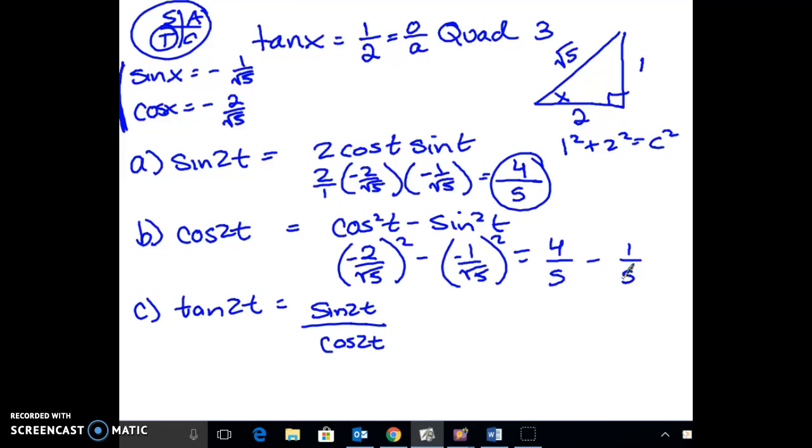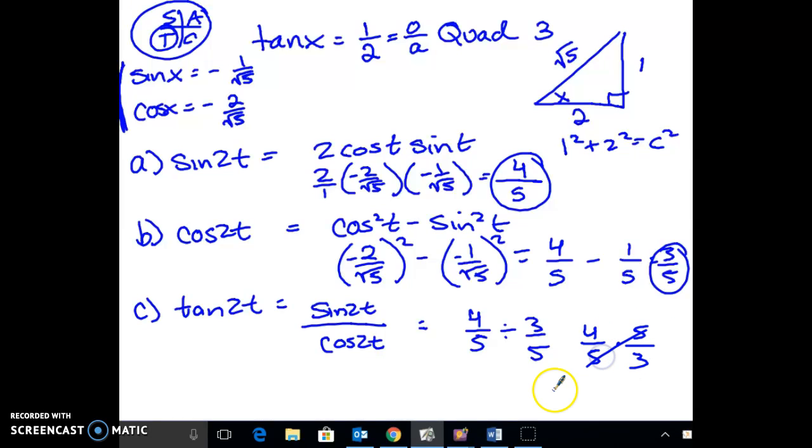Because when you square a negative, it's positive, but you're going to keep this negative because it's just part of the formula. You don't want to distribute that. You have to do PEMDAS, exponents first. 4 minus 1 is 3/5. And for tangent, I'm going to take sine and divide by cosine. Flip-a-roo and multiply. You get 4/3 and you're done.